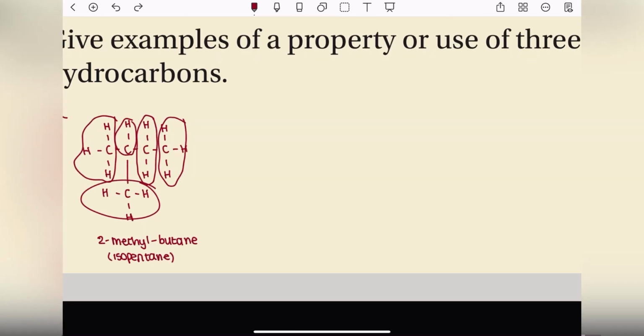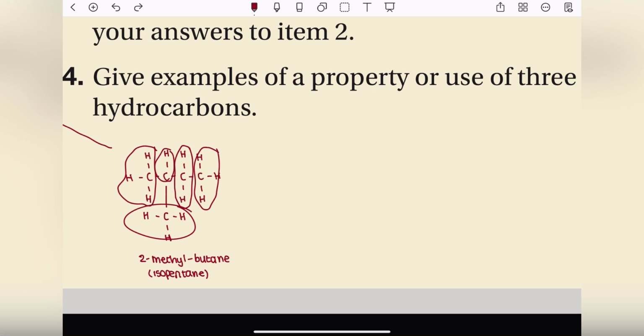And now a final way of drawing C5H12 would be having 3 carbon atoms in the middle, and then 2 will be going off to the sides. And once again, the hydrogen filling.